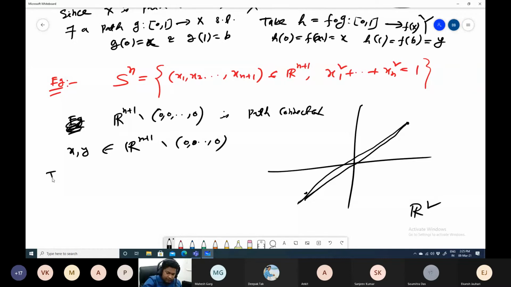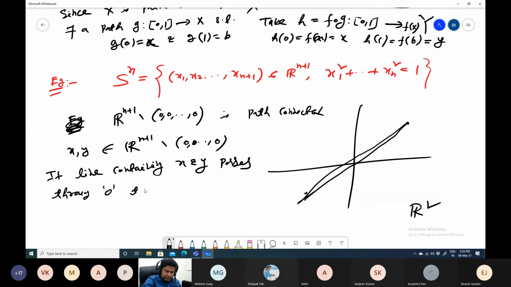Now if the line containing x and y passes through (0,0), then take another point z, not in that line.